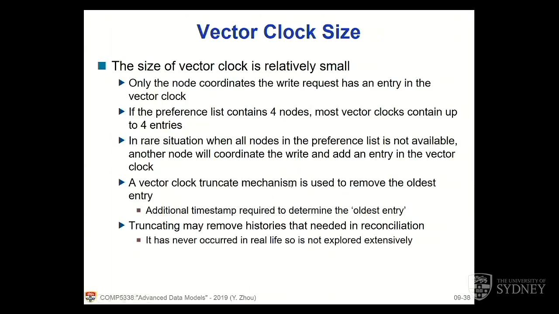But this is pretty heuristic and very simple, so it might remove history that is needed in reconciliation. It's something they still explore, but because it has never really occurred in real life, it's not explored extensively. That's following the design principle: we don't design for everything. For rare occasions, we only try to solve them when we actually have the problem.